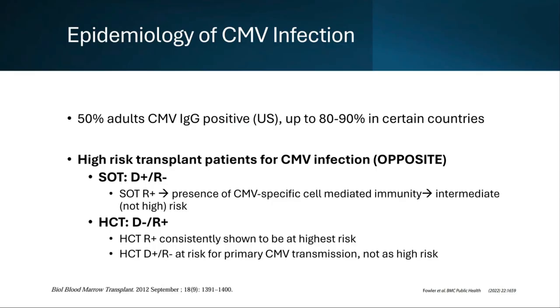If you look at other mismatches, of course, donor positive, recipient negative, they are at risk, specifically for primary CMV transmission, but their risk is not as high. And again, the explanation behind that is, remember, before stem cell transplant, our patients receive very aggressive conditioning, right? That completely eliminates your immunity, and immune reconstitution occurs very slowly.